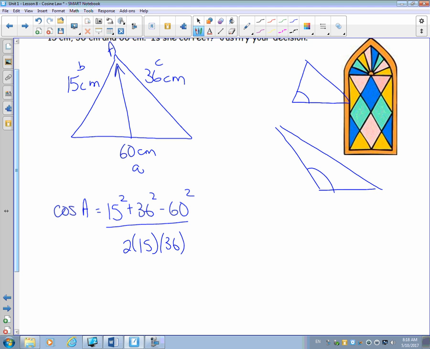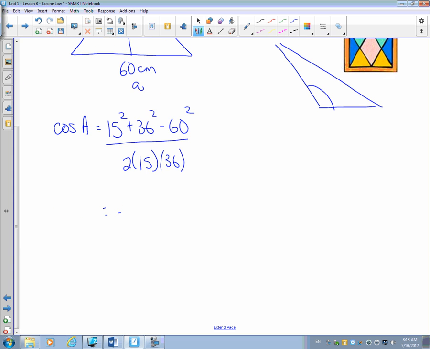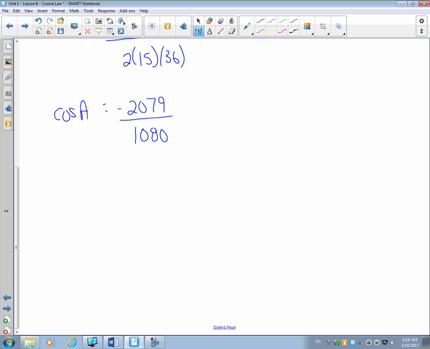So on the top, we should get negative 2079. It's okay to have a negative, nothing wrong with that. On the bottom, we get 1080. That's cos A. Okay, we want to take the inverse of this, right? That's how we find angles.